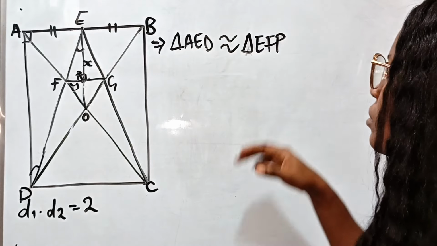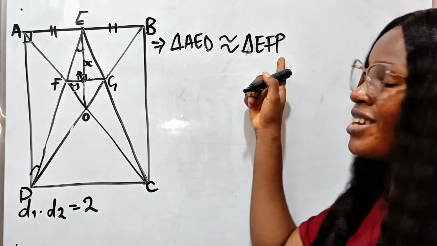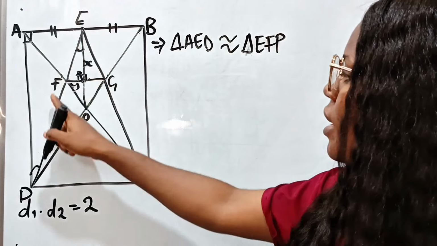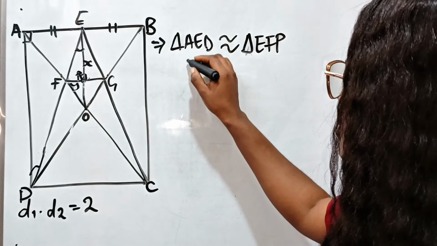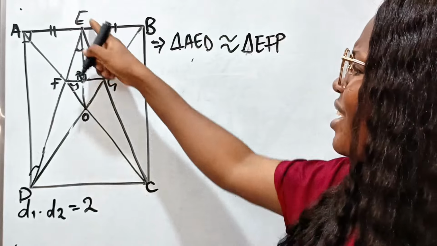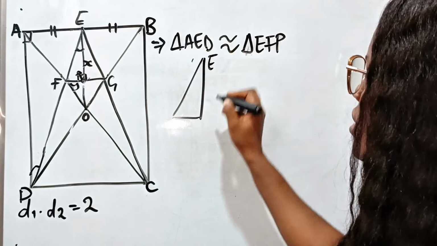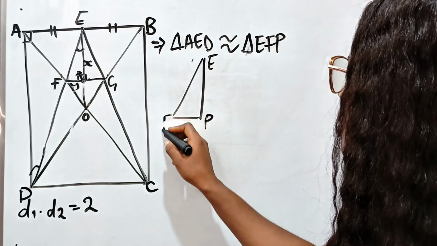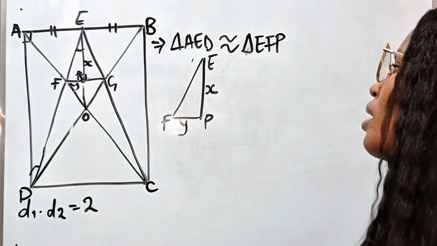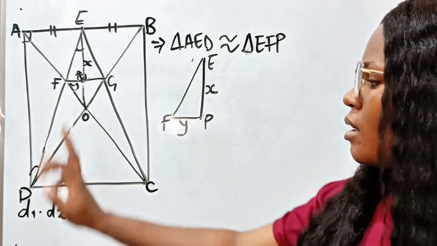Now, since this triangle is similar to this triangle, let us draw it out. Let us draw triangle EFP. So this is E, this is P, this is F. From here to here is X, and from here to here is Y. Now let us turn to triangle AED.